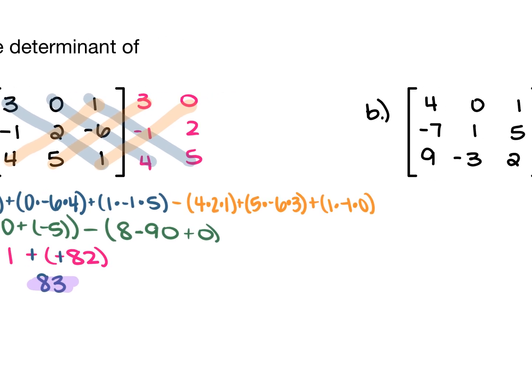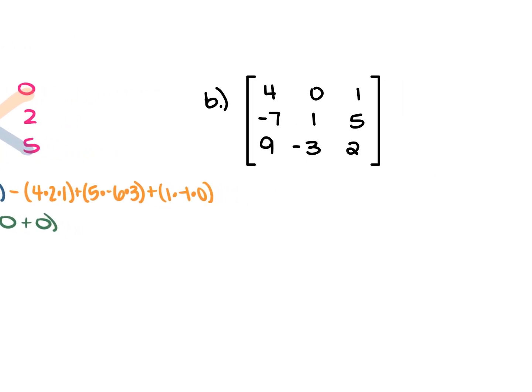For example B, we have 4, 0, 1, negative 7, 1, 5, 9, negative 3, 2. We're going to rewrite the 4, negative 7, 9, and the 0, 1, negative 3. We're going to start by multiplying top to bottom.